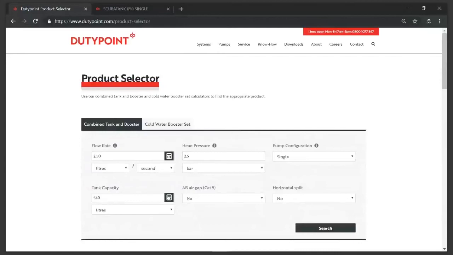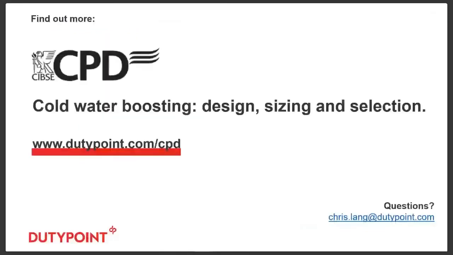So I hope that's giving you a good guide, and hopefully you'll go and try this on your next selection. Now, I did mention earlier that we offer a CPD that goes into more detail on this. It's a CIBSE accredited CPD on cold water boosting and design, sizing, and selection. Part of the content that I've been through today has been taken from that CPD.